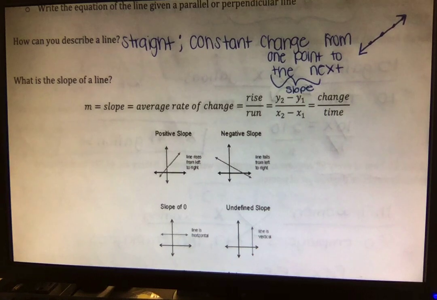The angle. Okay, what else? Help me out. We said it's like the angle of the line. What's another word for the angle of a line?